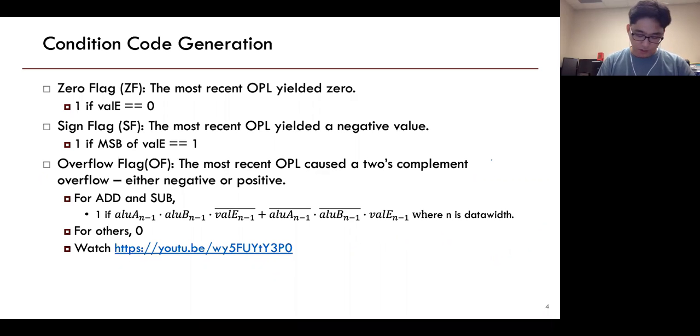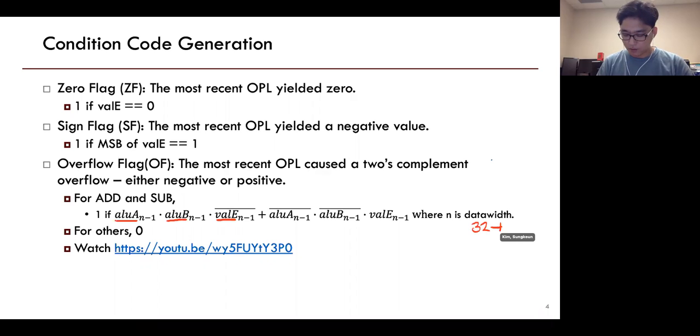In this equation, we have 3 variables: val A, val B, val E, and we know what they are. And we have a subscript n minus 1, where n is the data width. What is the data width? It is 32. We are using a 32-bit data line, and minus 1 is 31.